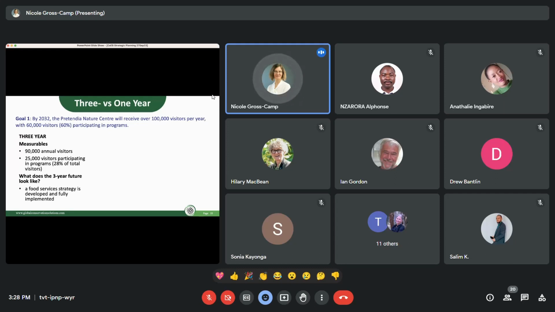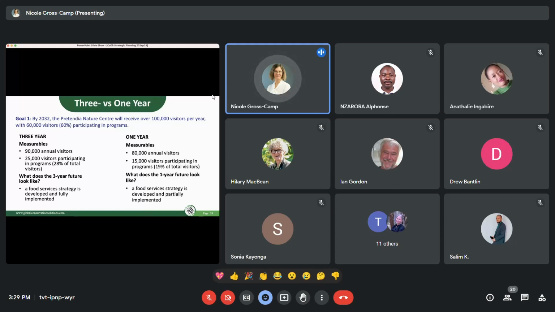So those are their measurables. And then also really exploring, right, what it is that is going to enable them to achieve those measurables. And one thing they came up with is a food service strategy, so that people have something to eat or drink when they visit. And so this would be developed and fully implemented by the 3-year mark.